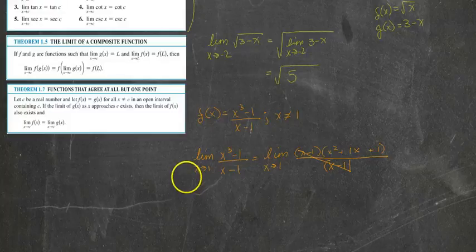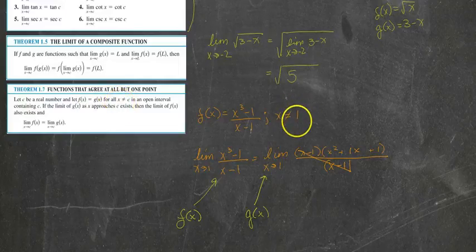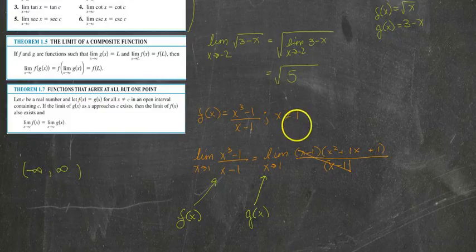In this case, I'm able to resolve the problem by canceling the numerator with the denominator, and now I have a new function. I can call this function f of x, and I can call this function g of x, and that's what we're talking about here in our theorem 1.7, that if we can find a value that g of x equals f of x for all x that are not the constant of 1, in this case c is 1, in an open interval containing c, an open interval meaning no endpoints, so the interval -infinity to infinity would be considered an open interval containing 1, and 1 is definitely contained in that open interval.